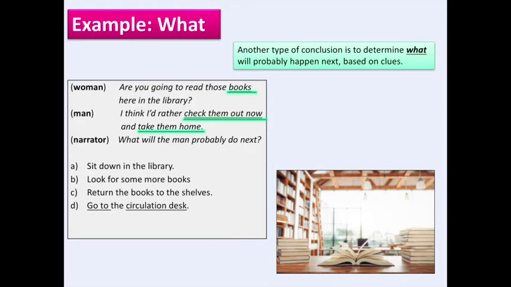The question is, what will the man probably do next? So he wants to check out books and take them home. When you want to take books home from a library, you need to go to the circulation desk. So the best answer here is D, dog.